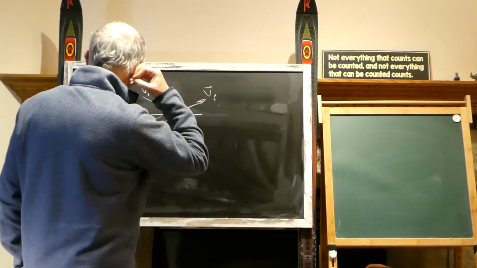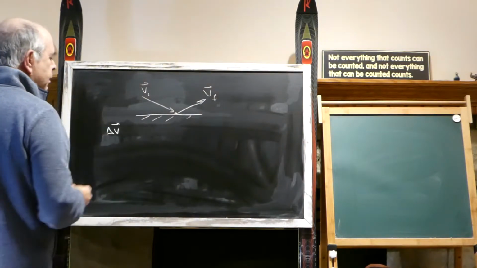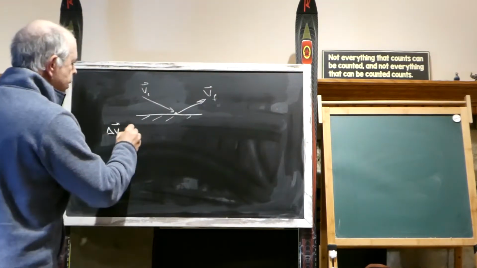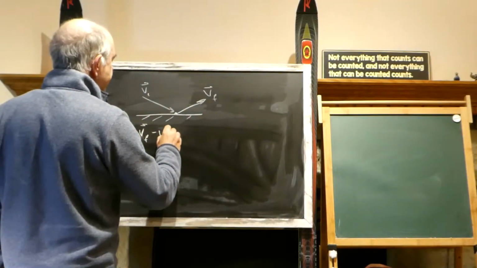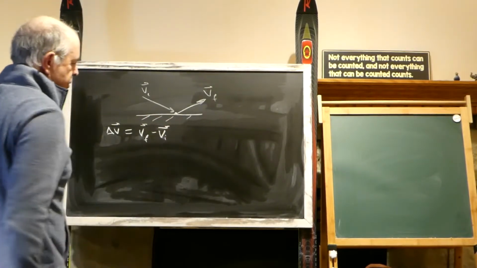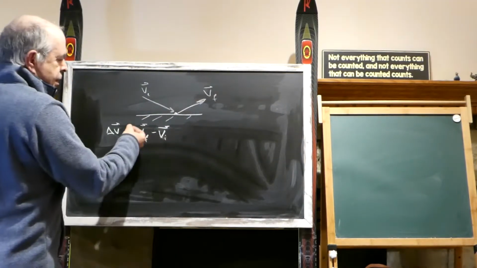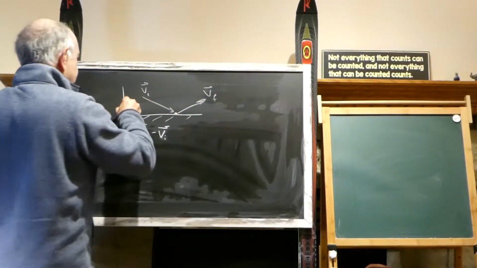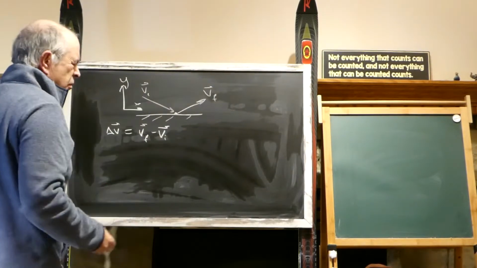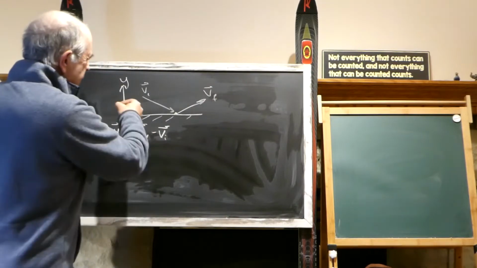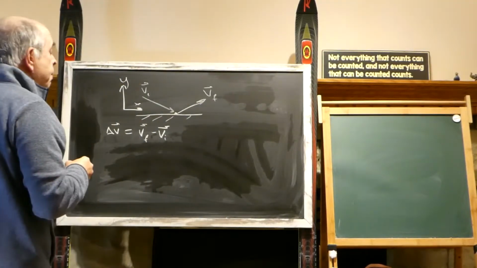And so what can we say? We can say that delta v, the change of velocity, is equal to v final vector minus v initial vector. And of course we can deal with this. First let's deal with this with the coordinate system y and x, because it's always easier to deal with vectors this way, and then I will do the same with vectors directly.